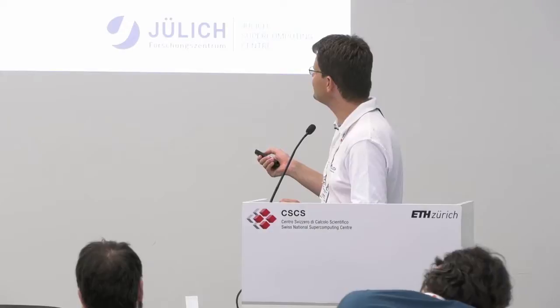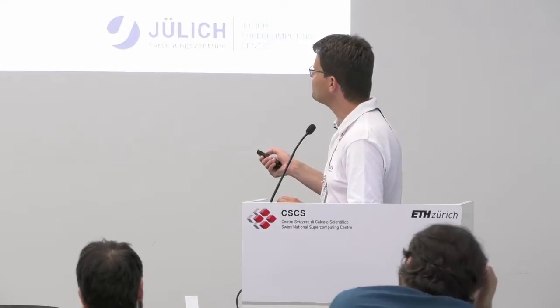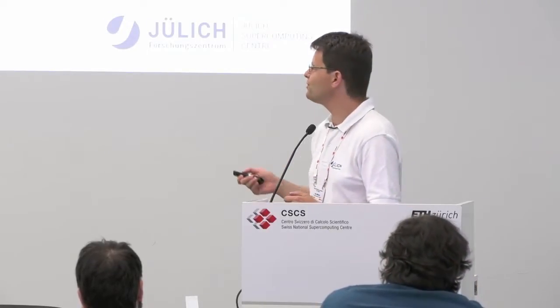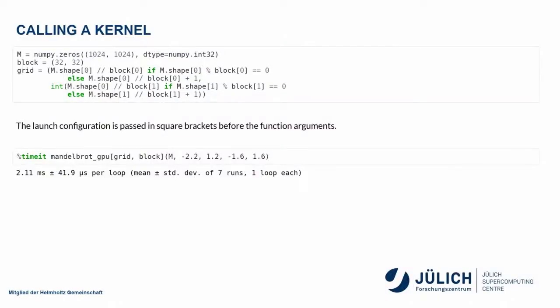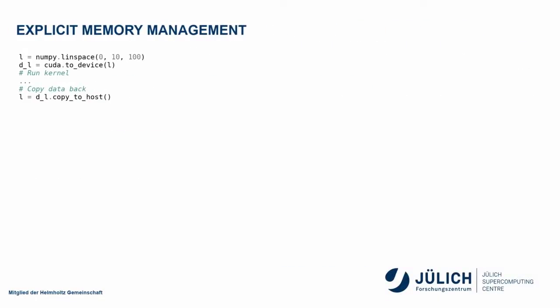This can actually get expensive, especially if you have something like this, where you don't really need to move the data in. I don't care what was in M before the kernel. I only care what's in there afterwards. I might want to do explicit memory management.